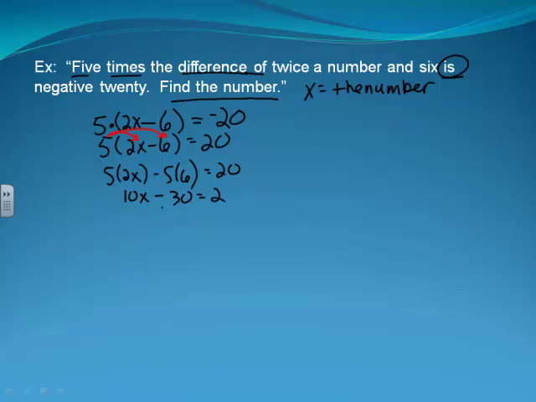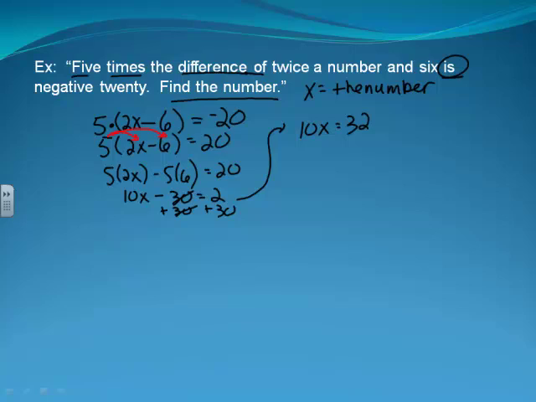Now if we add 30 to both sides, we're trying to solve for x, so I'm getting my x on the same side by itself. We've now got 10x is equal to 10.